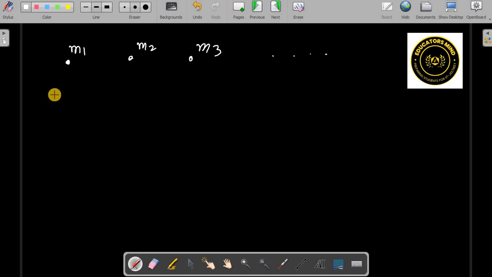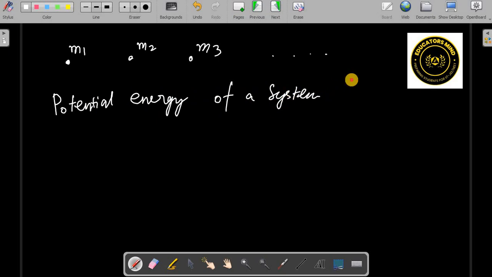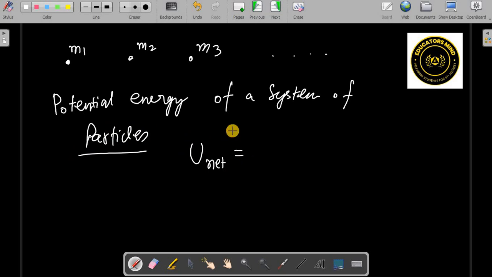So when you want to calculate the potential energy of a system of particles, that net potential energy is the interaction between two masses. So you have to group potential energy U12, U13, U14, like that.